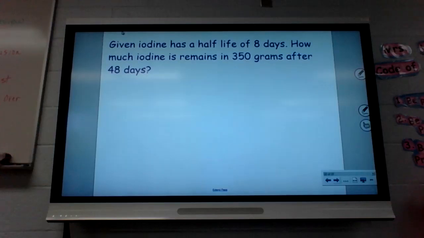If the last one is 48, 48 divided by 8. So that means that the very last one is going to be 6. So all you have to do is 350 divided by 2.